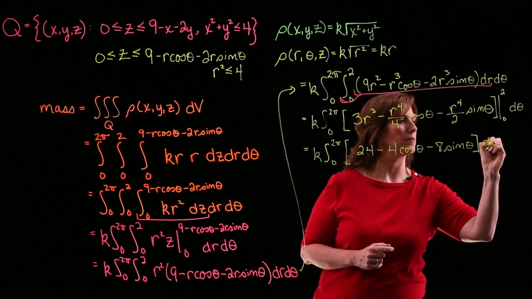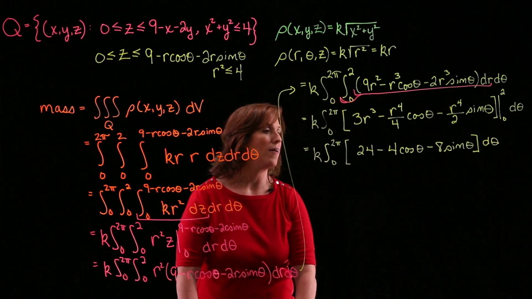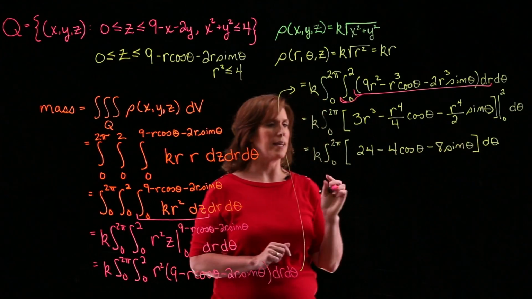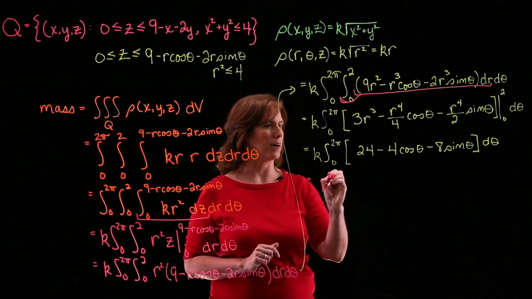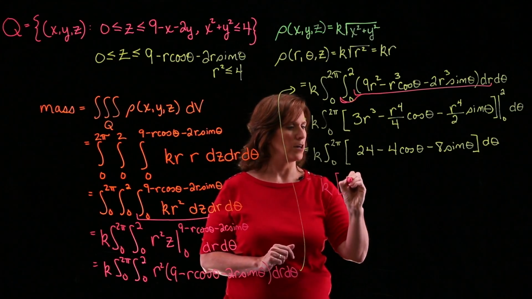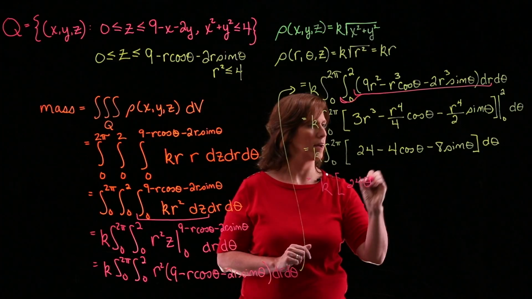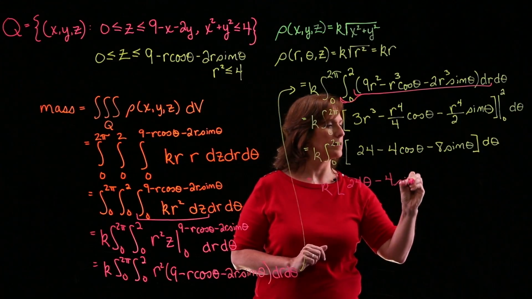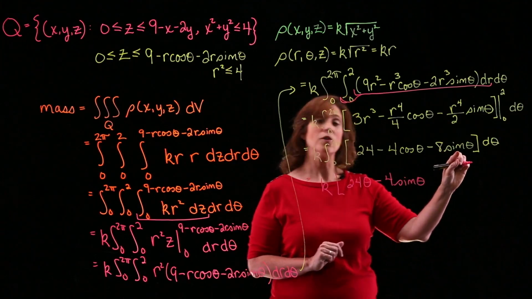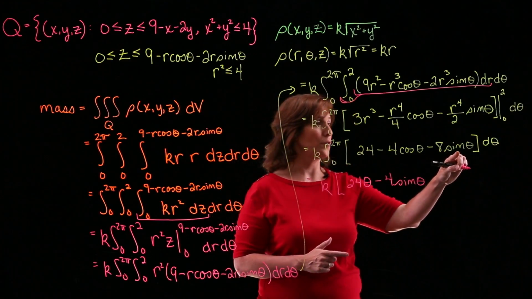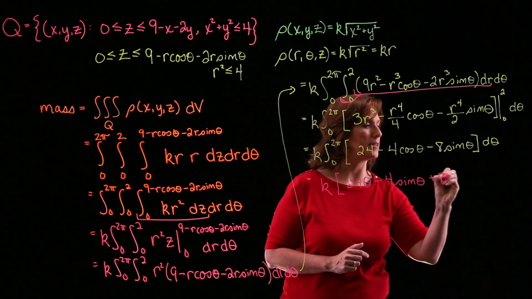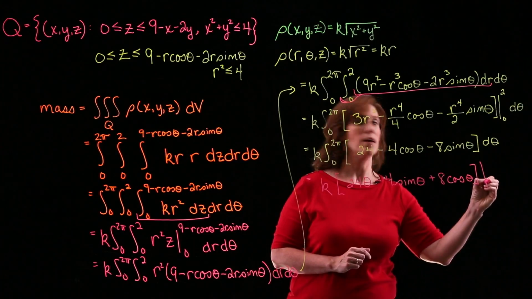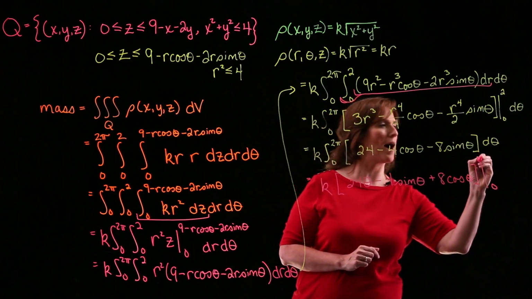So I have d theta. And now I'm ready to integrate with respect to theta. So I still have that k that's floating out there, and I'll have 24 theta. The integral of cosine is sine, so minus 4 sine theta. And the integral of sine theta d theta is going to be a negative cosine, so that'll be a plus 8 cosine theta. And all of that will be evaluated from 0 to 2 pi.